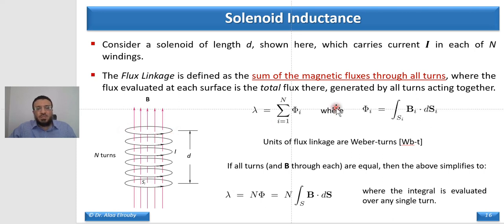So for one turn, we have B1 inside the core dot dS integrated over S1. But as I said, each field is linking itself, making flux through all the turns. So the total linkage is N multiplied by phi. This is the total linkage of the solenoid with itself.